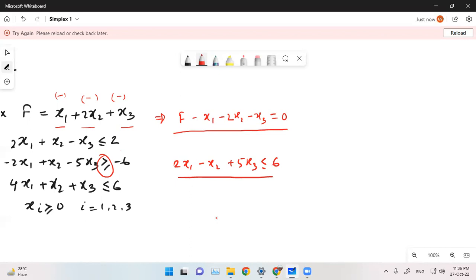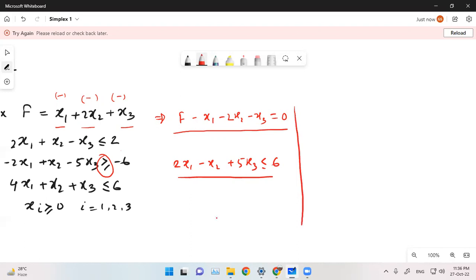In Rao's book, they have used additional variables like x4, x5, x6 in the three equations, but it seems easier for me to separate the slack variables from the actual variables using S1, S2, S3. So that is why I'm following that, but it's up to you. Whatever you prefer, you can do that.